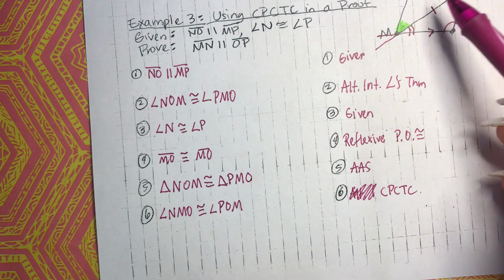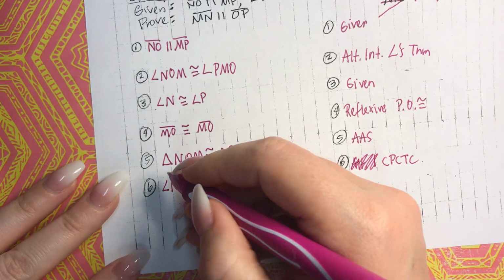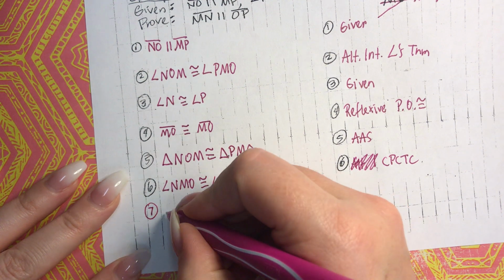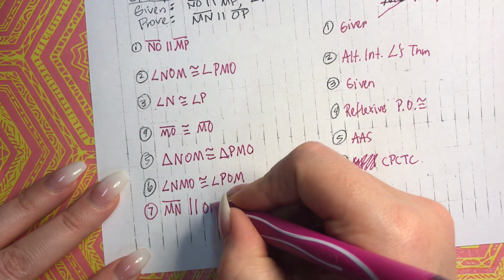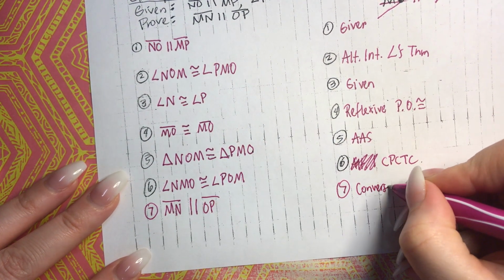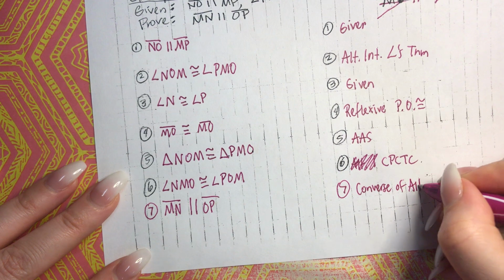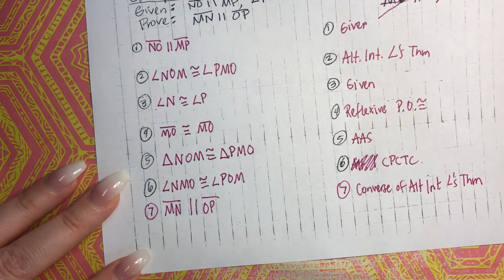Now we know that those 2 angles are congruent. We can say that these lines are parallel. So I'm making a 7. Line MN is parallel to line OP because of the converse of the alternate interior angles theorem.